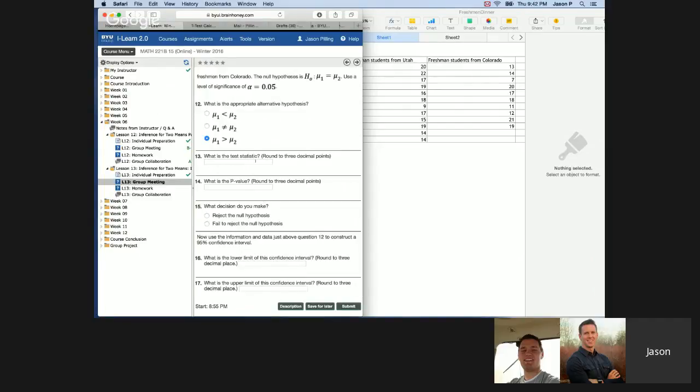And that is less than the level of significance, so we reject the null hypothesis. That's actually good. According to that calculation, we came up with enough reason to reject the null hypothesis because they definitely aren't equal. Mu1 is definitely greater than mu2. So it's kind of cool that it worked out that way.